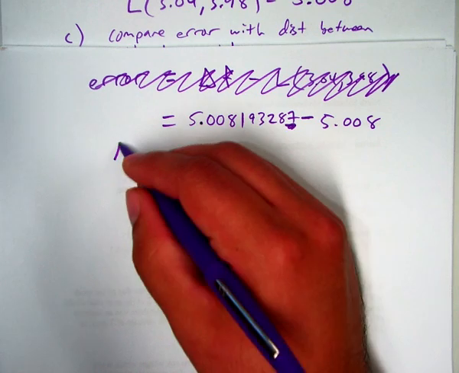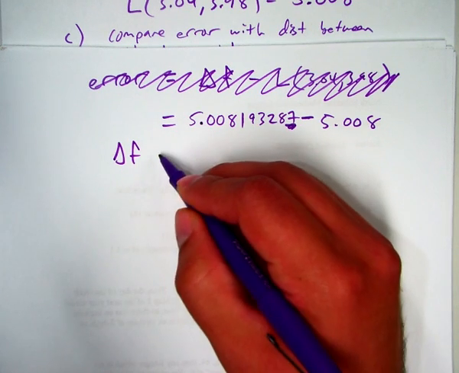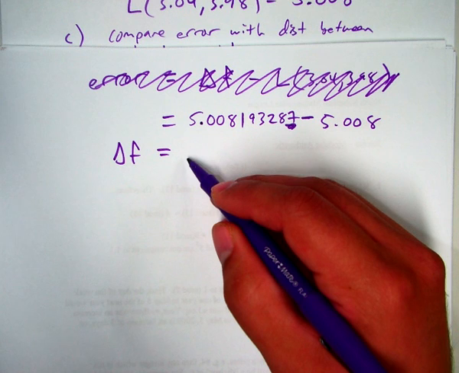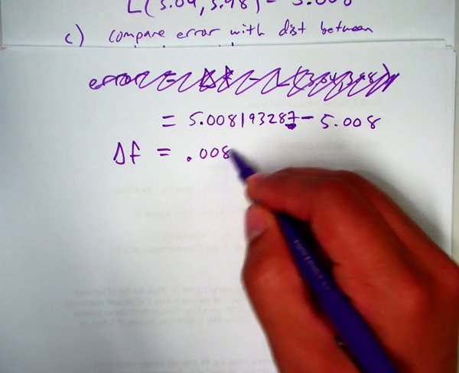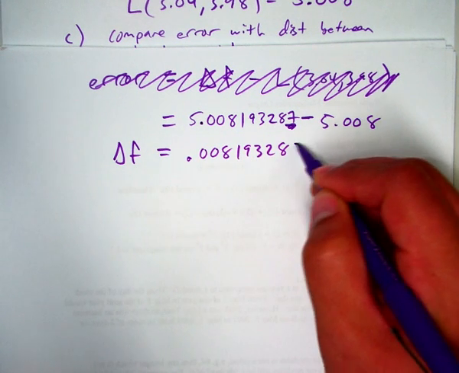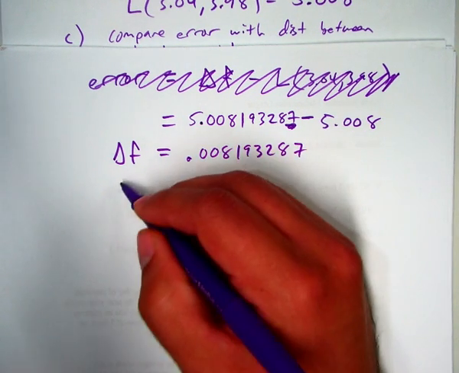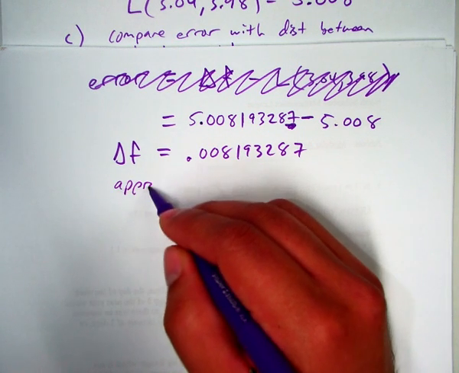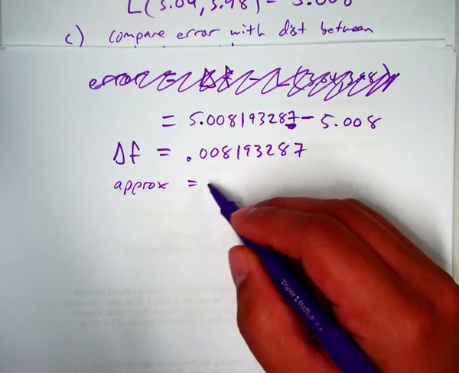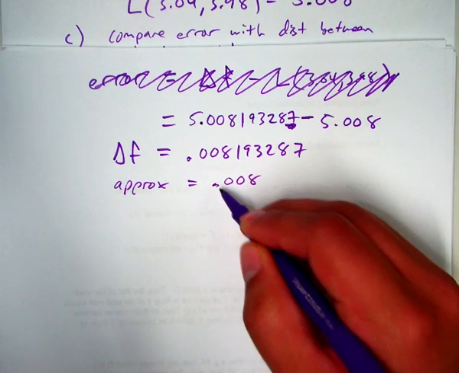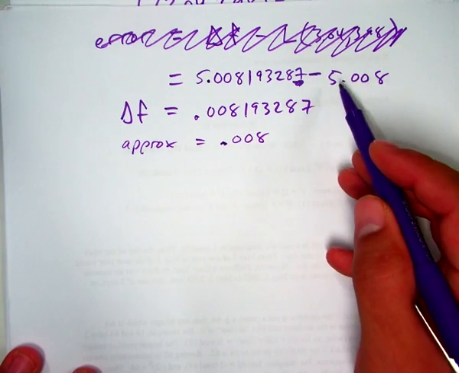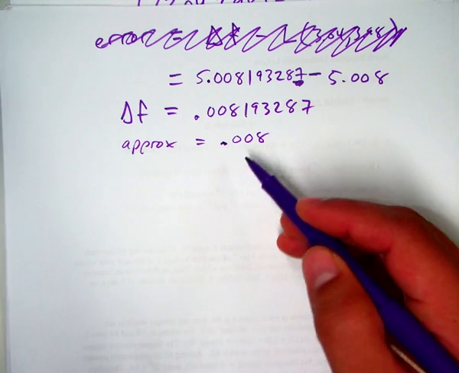Because the actual change in f, if we start at f of 5, is what? I see. I just messed the notation up. The approximate change was 0.008, right? Because we have this approximation, subtract 5. So there's our approximate change.